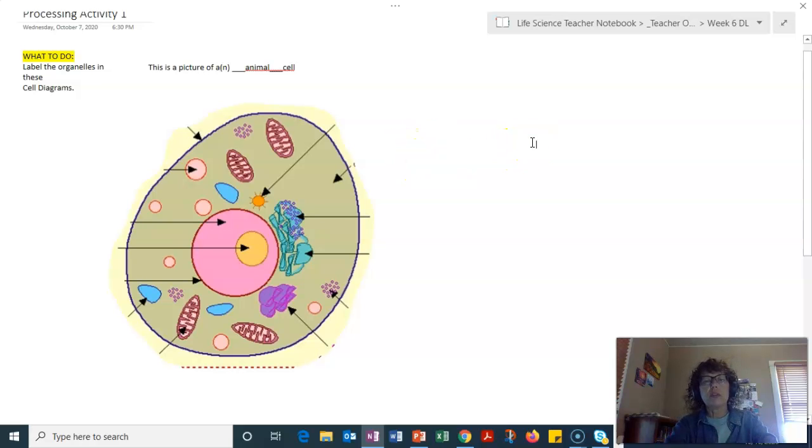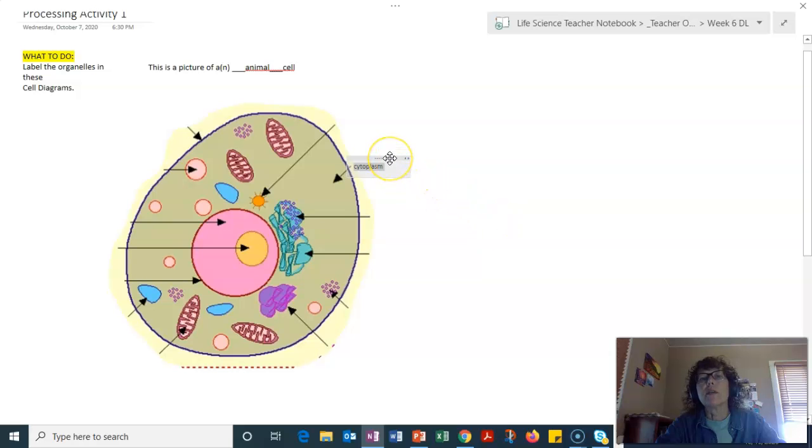Again, I'm going to type the word cytoplasm out here. C-Y-T-O-P-L-A-S-M. And then I'm going to drag it to the arrow. And the right arrow happens to be this one that's pointing to the blank space inside the cell. All right. I'm also going to label it in the plant cell.